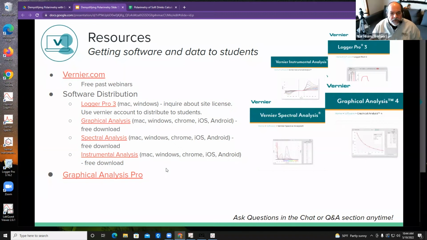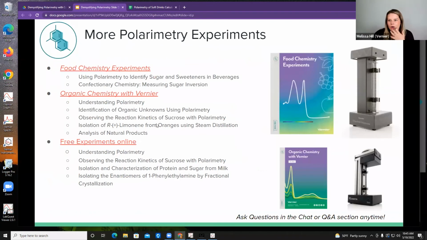Hey, Melissa, can I ask a question? Yeah. There was a question posted about the reaction kinetics experiment in the organic book compared to experiment number 14 in the food book. I honestly didn't know the exact answer. How similar are those two experiments? The one in the food chem book has the enzyme reaction in it.